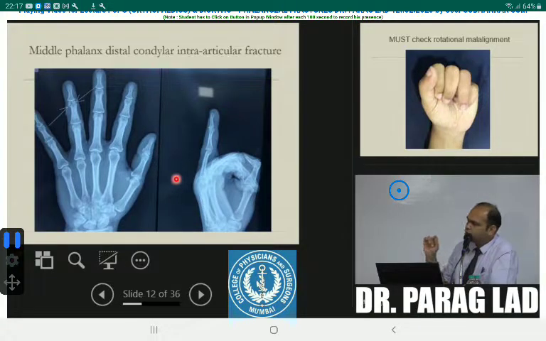Which joint? Distal interphalangeal joint. Now whenever we see a fracture around the joint, either it can be a base fracture or it can be a condylar fracture. Base is a base, condyle is a head. Is this a base fracture or a condyle fracture? Condyle fracture. So which condyle? Middle phalanx. So distal condyle of the middle phalanx.